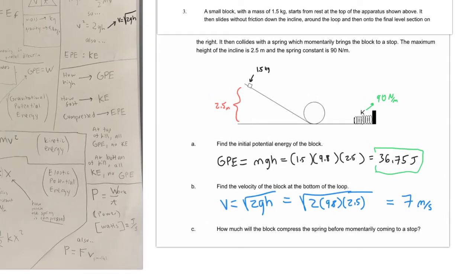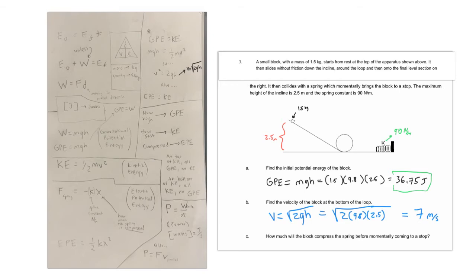Looking at lowercase letter c. How much will the block compress the spring before momentarily coming to a stop? So the word compress. Here's the word compress. That means we want to deal with elastic potential energy. Elastic potential energy is over here. Awesome. So let's see, we have 1/2 K, that would be the constant which we have, that's 90, and we have the displacement squared.